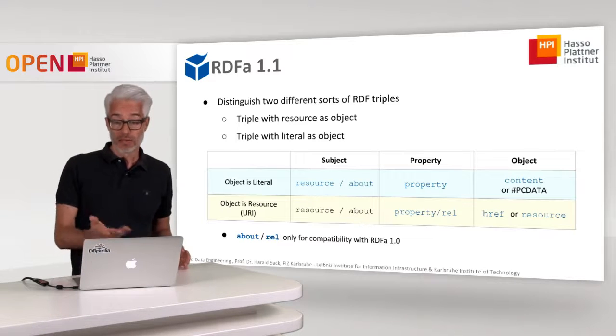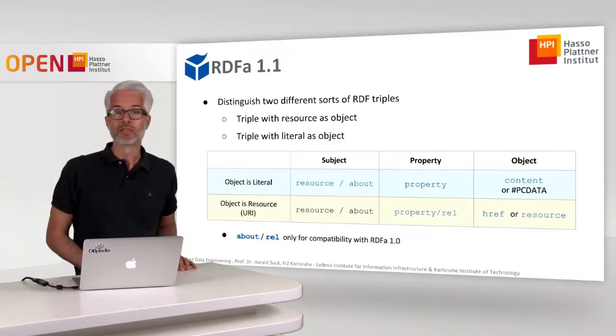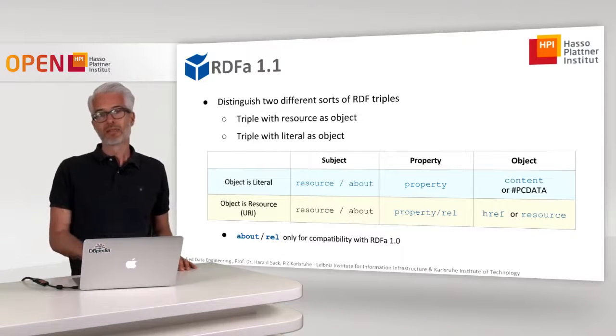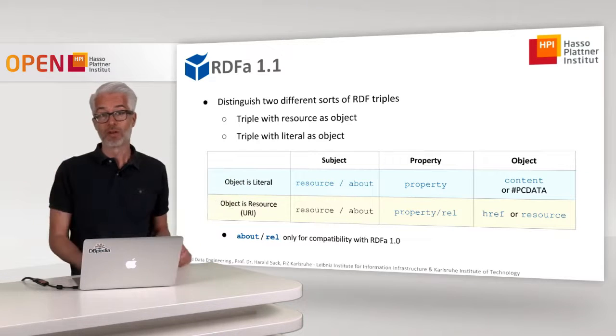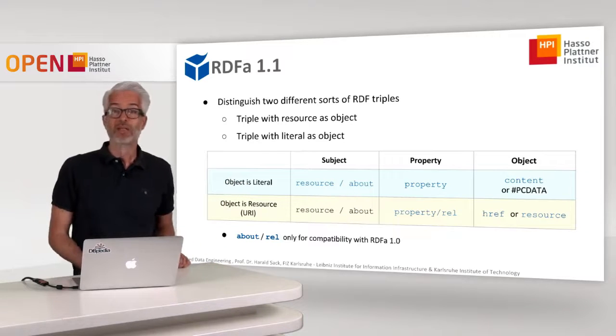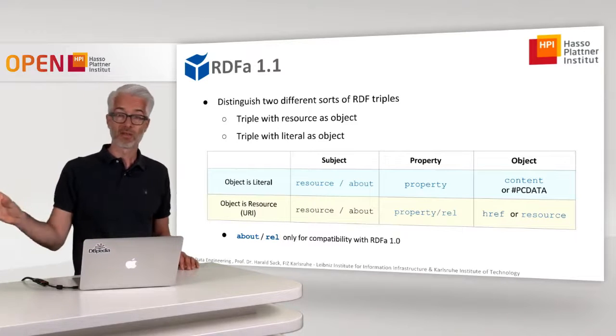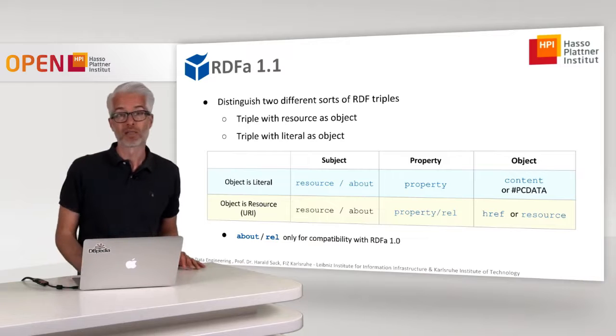Then for the property, the attribute property will be used. And as object, you use either the character data that stands enclosed within the two tags, or you use the content attribute where you can give an alternative representation of the character data that should be read by the RDFa parser.